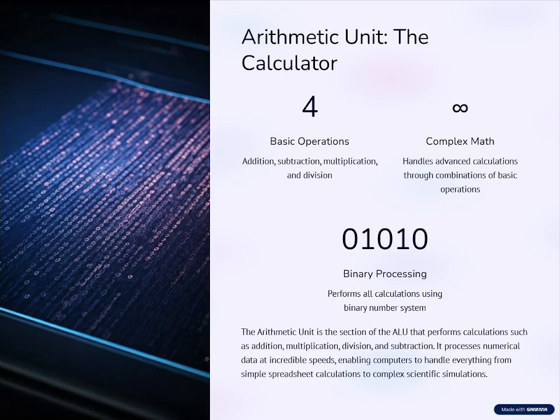The arithmetic section performs calculations such as addition, multiplication, subtraction, and division. It processes numerical data at an incredible speed, enabling the computer to handle everything from a simple spreadsheet calculation to a complex scientific simulation.